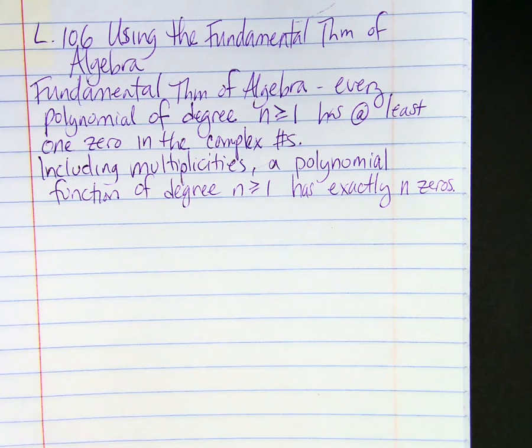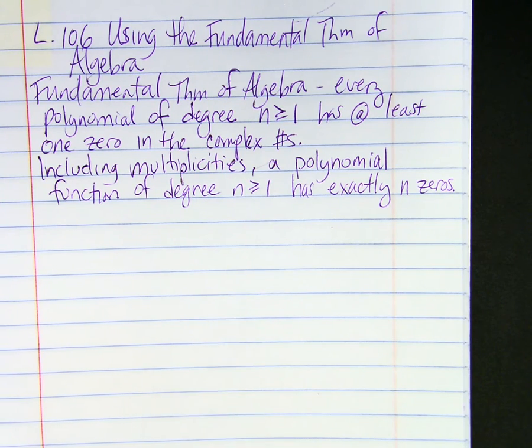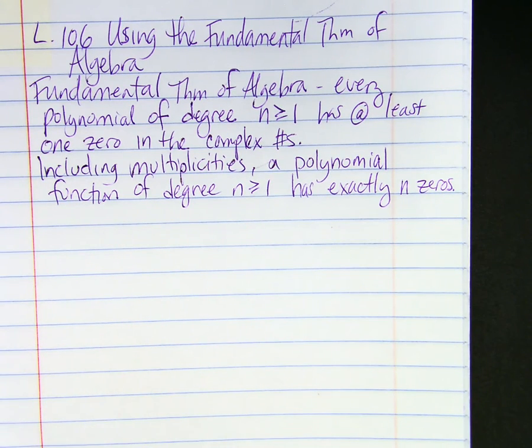So hopefully you remember that complex numbers include all the real numbers. So 3 is a complex number, and 4i is a complex number, and 3 plus 2i. So those are what complex numbers are.